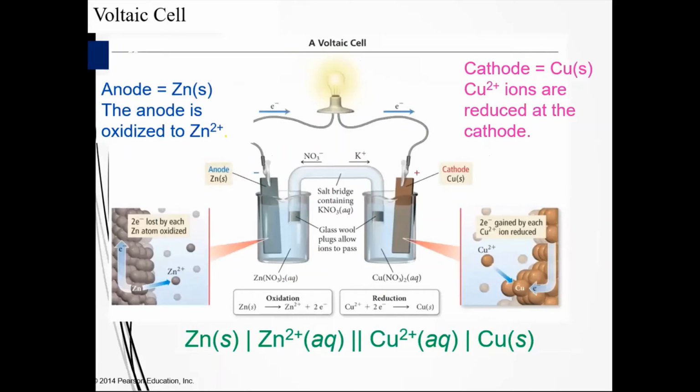So looking back at our example of our cell with our zinc going to our copper, right? We're going to draw out the cell notation down below. So we have our oxidation down here. We have our reduction over here. This is going to be kind of our anode, so what we start with.